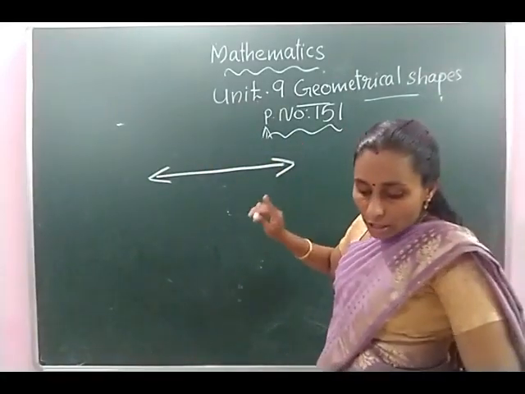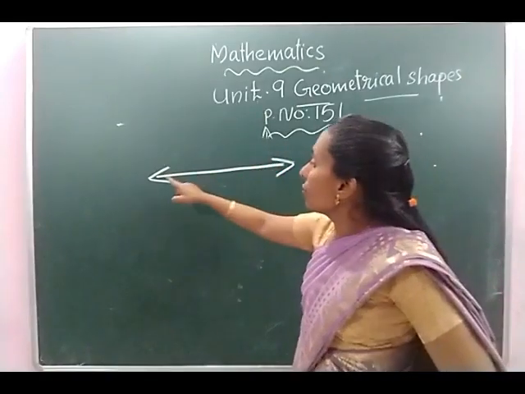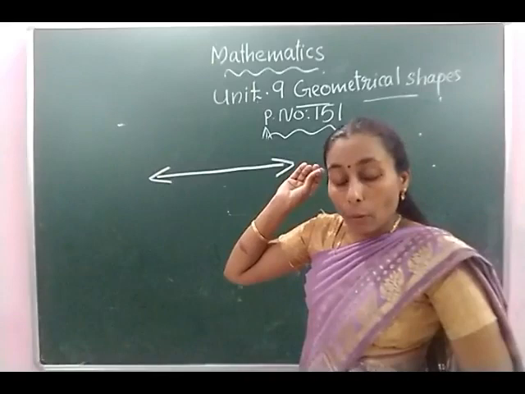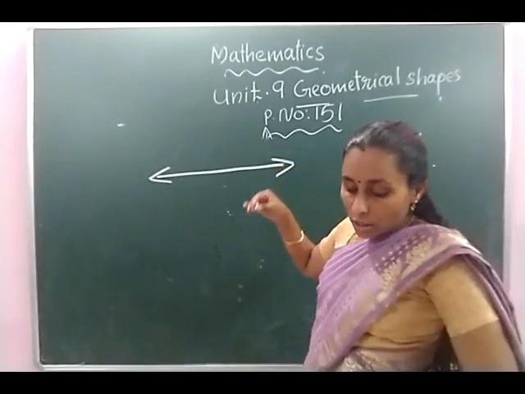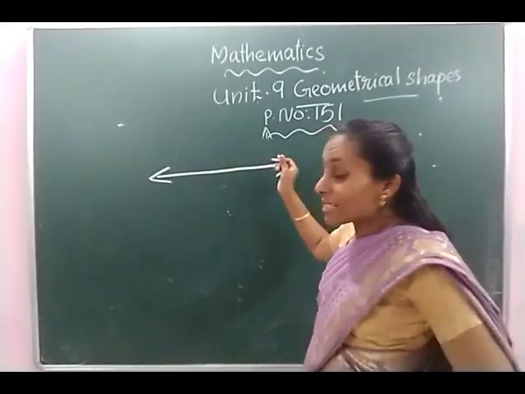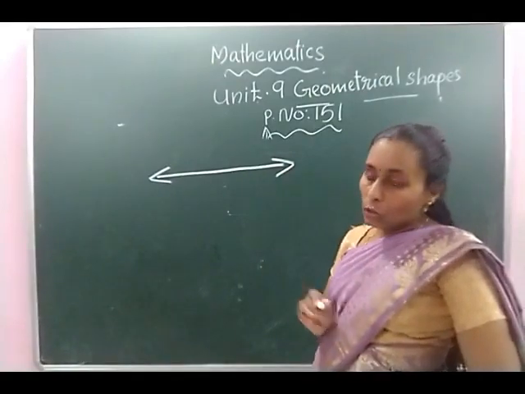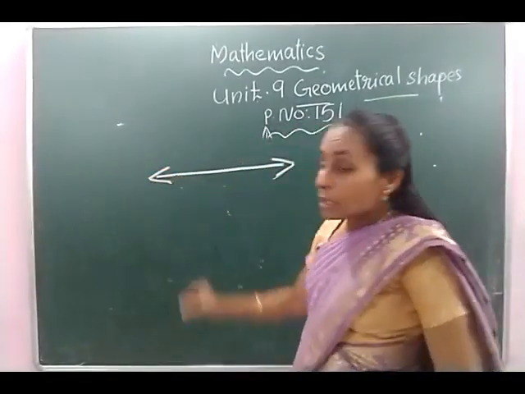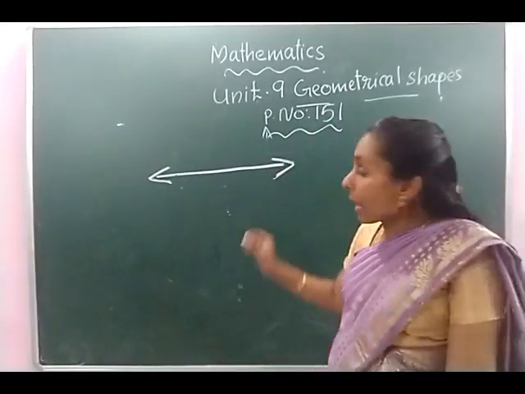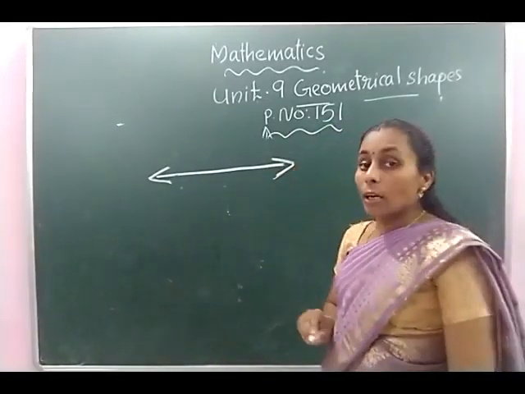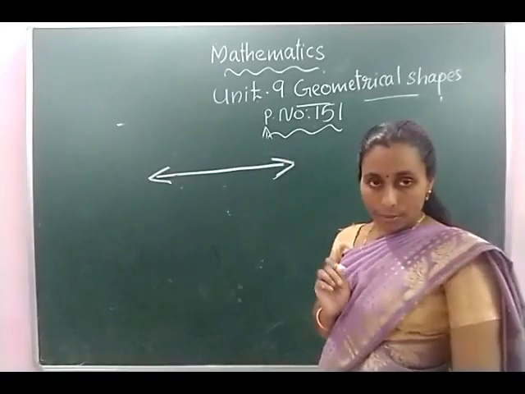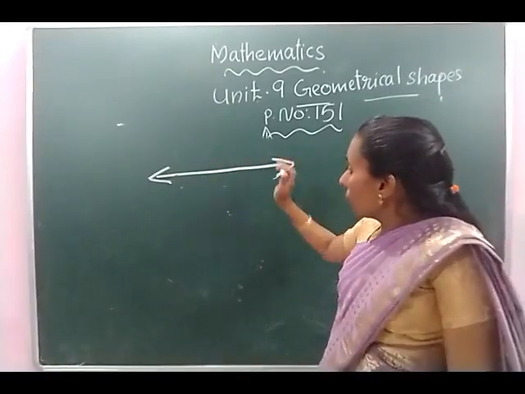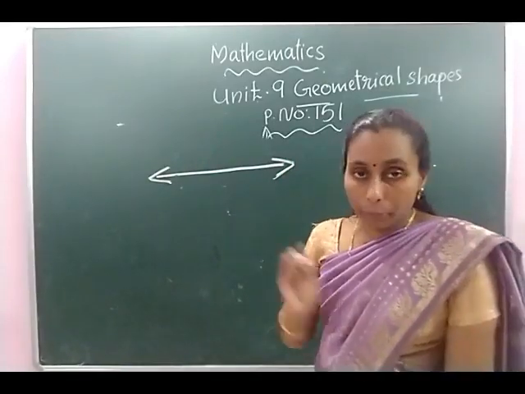An infinite number of points represent a line. The number of points is not limited. So we use arrowheads on both sides. We cannot measure it since there is no starting point or ending point.